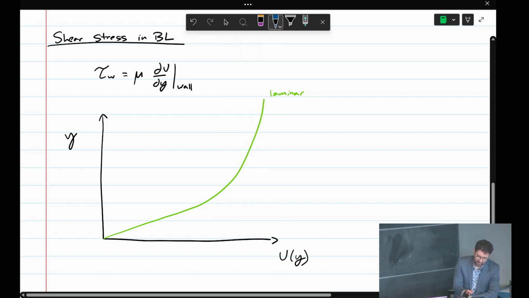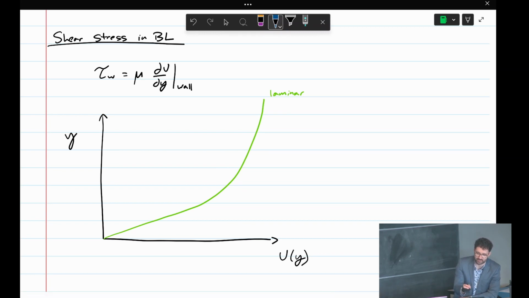Now the turbulent boundary layer should achieve the same free stream. It goes up to u infinity outside the boundary layer. But what happens within the boundary layer is what produces the higher drag. So that's what the turbulent profile looks like.